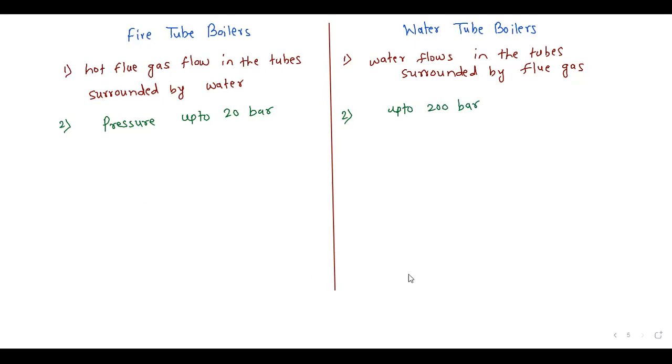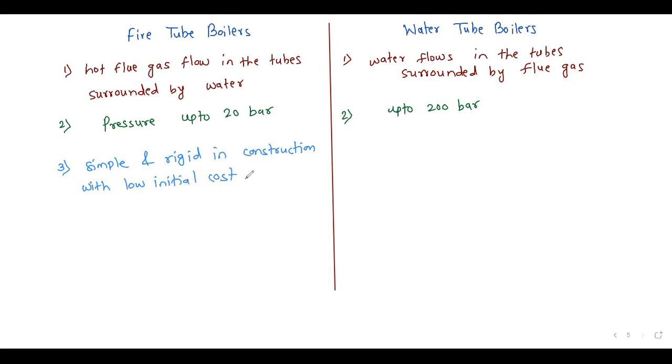Then the third point you have to remember is that fire tube boilers are simple and rigid in construction with low initial cost, but the maintenance and operation cost is high.